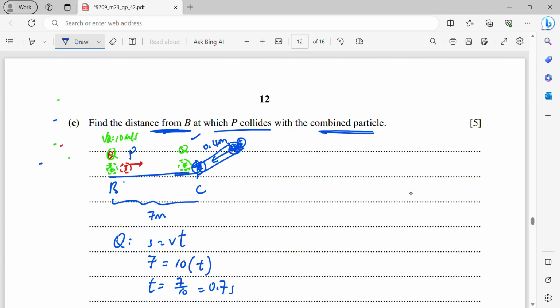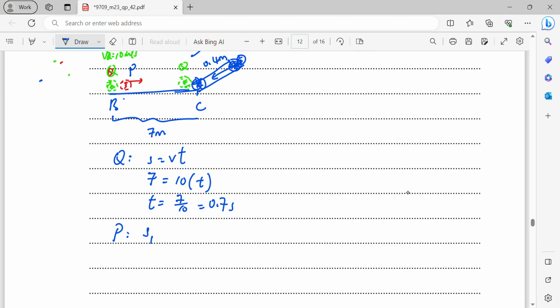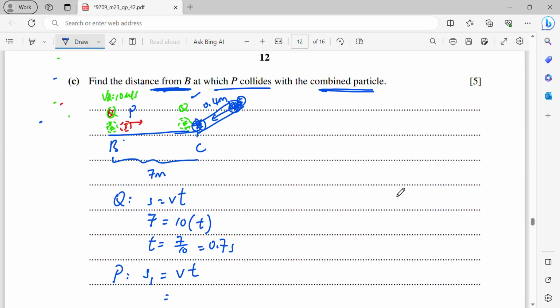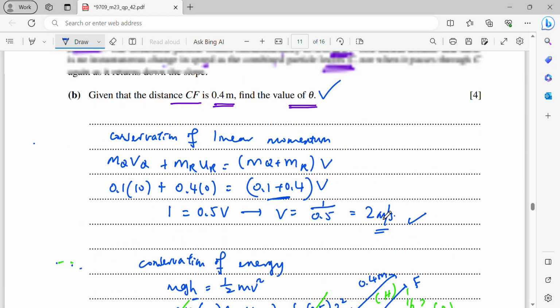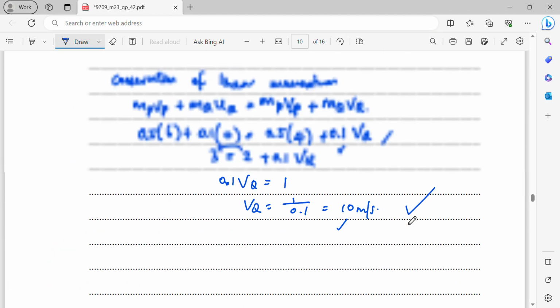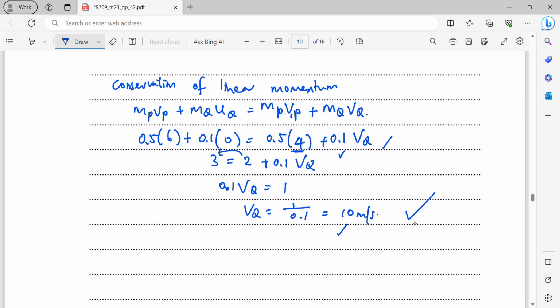And now I need to find the distance for my P. Let's say this is distance 1, it will be VT. Here, the V for the P once it collides with the Q is mentioned in the question: the speed is 4.